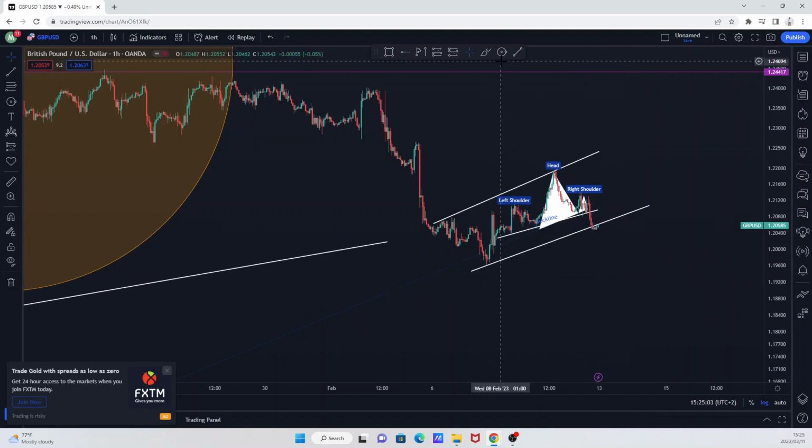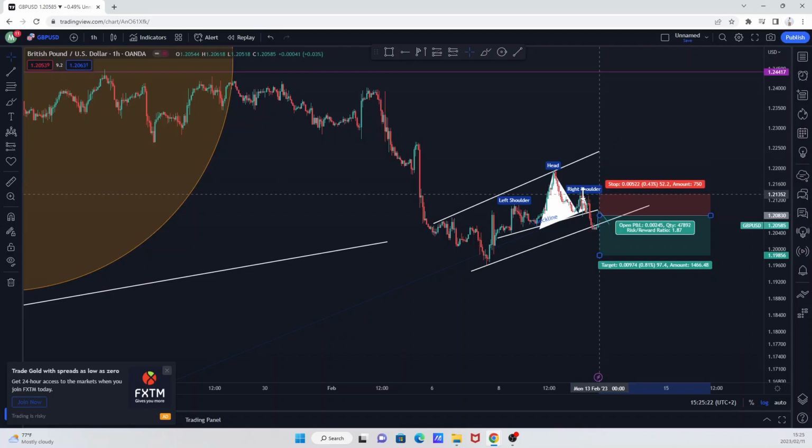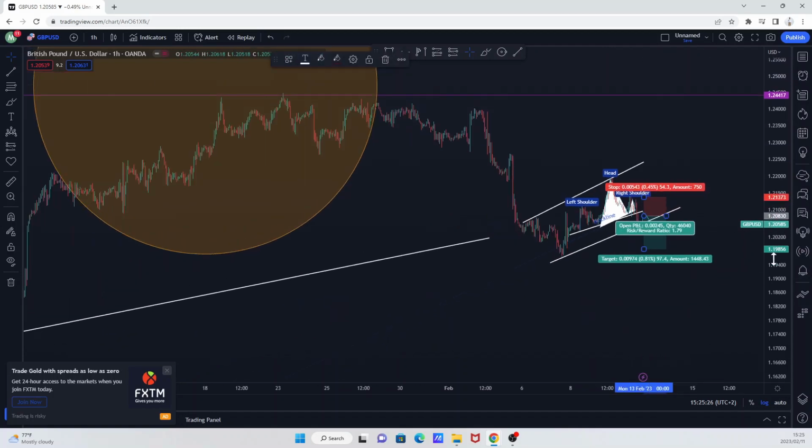So what I would do is wait for the market to reverse, test my neckline, and then wait for a momentum candle to the downside, right? Immediately when I get that candle to the downside, which is signifying momentum, I would enter.